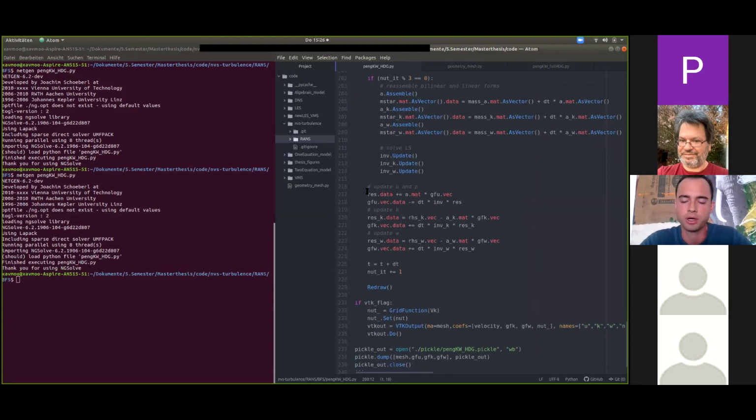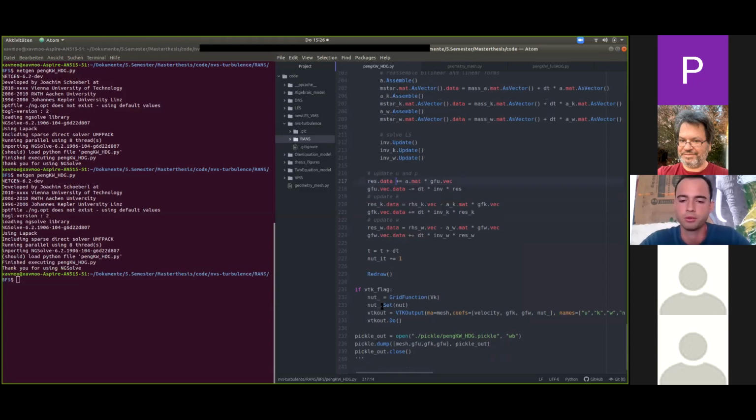And in the last part, we do the real updating. So we update U, P, k, and omega. We add up our residual or right-hand side, and then use the updating algorithm. And if it's necessary, we can also have a VTK output. And if the simulation is done, then we can also save our state.